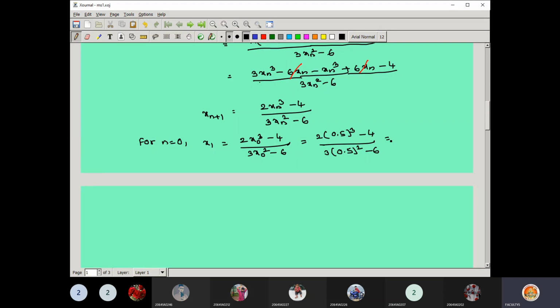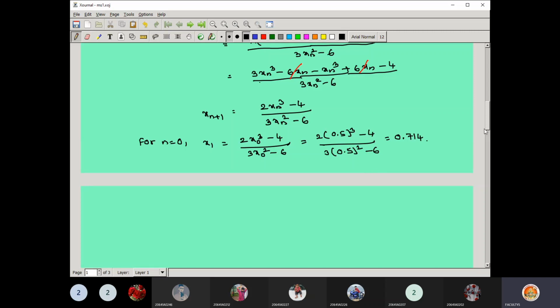Its power button is 2 so that it is minus 6 value. So on making that directly you press equal to button, 5 by 7 you are getting, or I can write 0.714. So that is the first approximate root value. It is for n equal to 0.